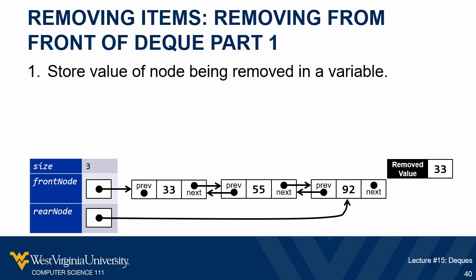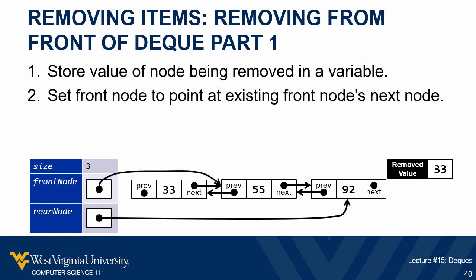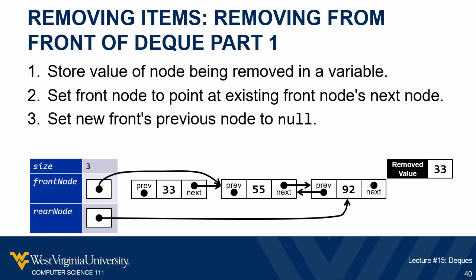Once we have that value safely stored in our temporary variable, we're going to start to cut that node, the existing front, out of our chain. We'll begin by setting front node to point at the next node after the existing front. So you can see here now that front node is the second node in the chain, the value 55. Once we've done that, we're going to set that new front node, so 55's previous node, to be null, which means that we can't go backwards from that node.